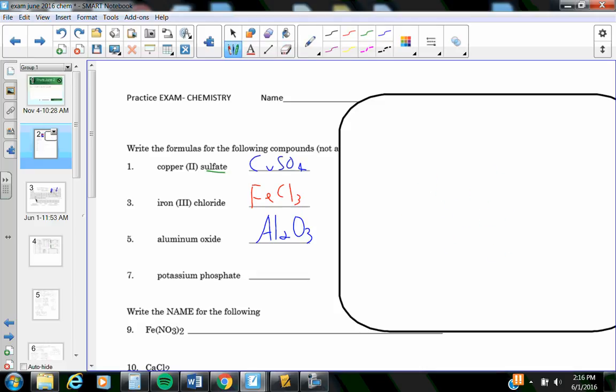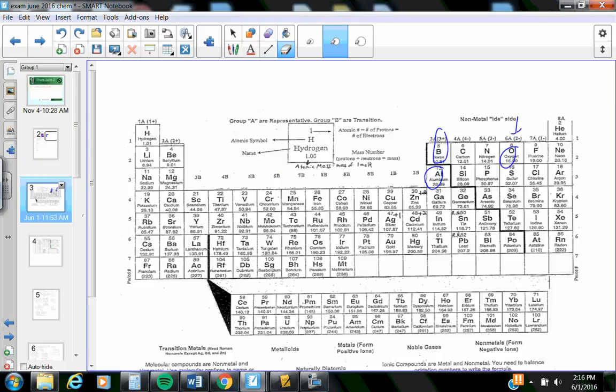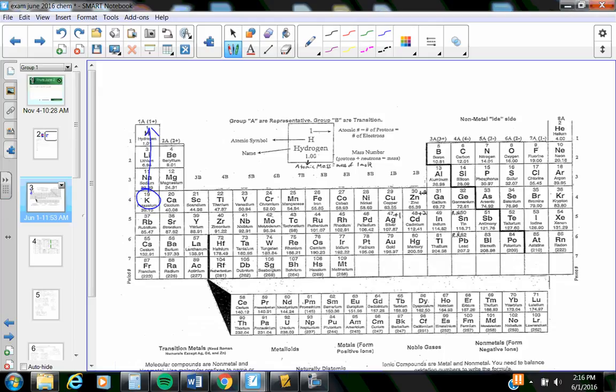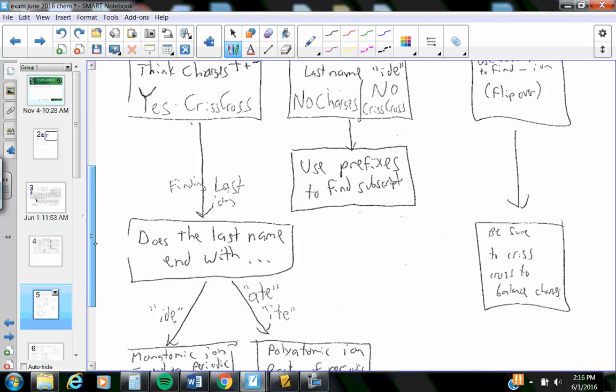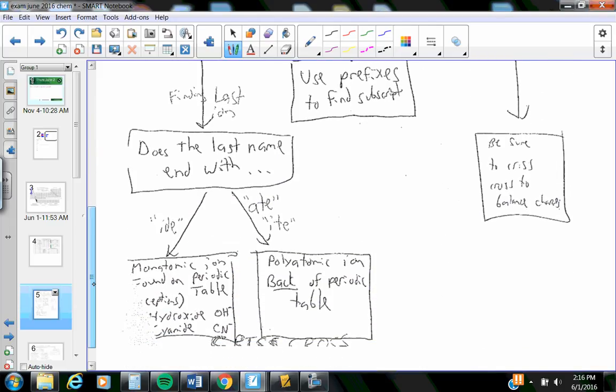Potassium phosphate. It's a metal to a nonmetal. Potassiums have a +1 charge. Potassium +1. Phosphate. You can look all on the front, but finding its last name, does the last name end with ide or ate or ite? Ates or ites are on the back of the periodic table.